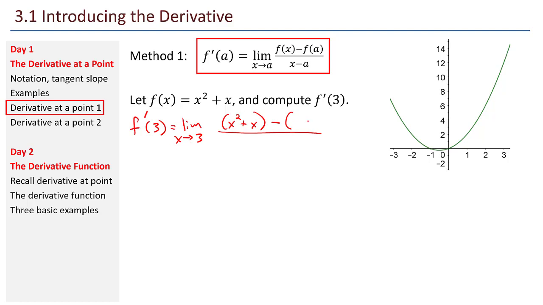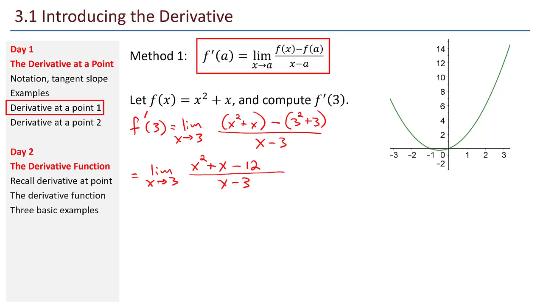In this case my a is 3, so 3 squared plus 3, all divided by x minus 3. Alright, let's work that out. I'll keep writing the limit and simplify the fraction: x squared plus x minus, and then 3 squared plus 3, 9 plus 3 is 12, all over x minus 3.